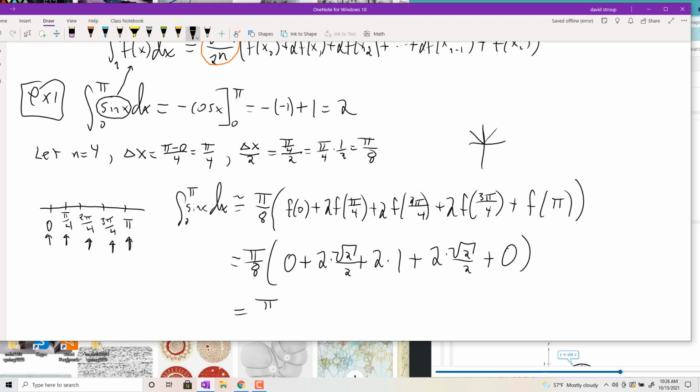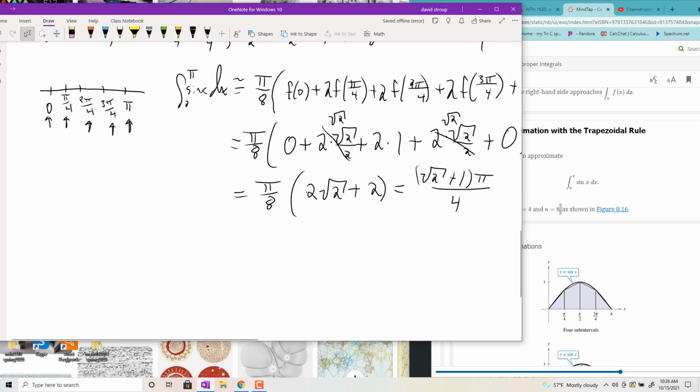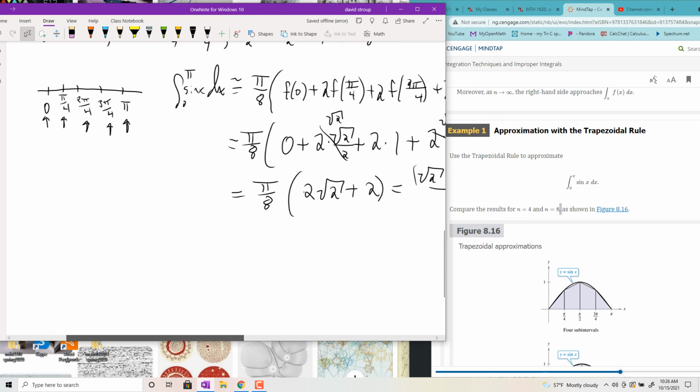So you get pi over 8 times, this part will be root 2, this will be another root 2, so you get 2 root 2s plus 2. And you can simplify that a little bit. That'll be root 2 plus 1 times pi over 4. And you put that in your calculator, and the calculator will give you another approximation.